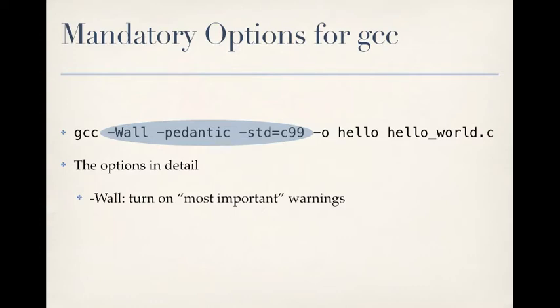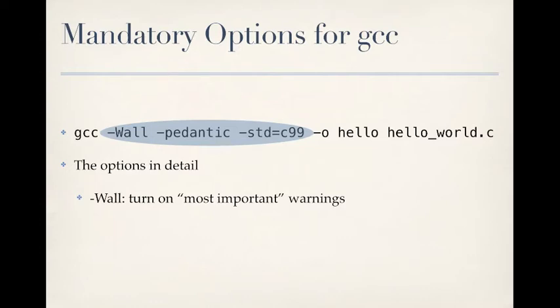Warnings is a really important topic insofar as if we ignore warnings during the compilation process, then we run into danger that we are generating some kind of hidden errors which are very difficult to be traced down during runtime.